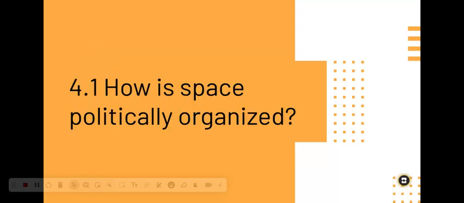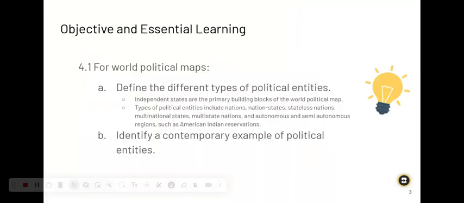Okay. So in 4.1, we're going to cover how space is politically organized. So the big idea today, we're breaking down how different types of political entities exist and function. We'll cover terms like nation, states, stateless nations, which, trust me, is not just a fancy way of saying people with no home address.